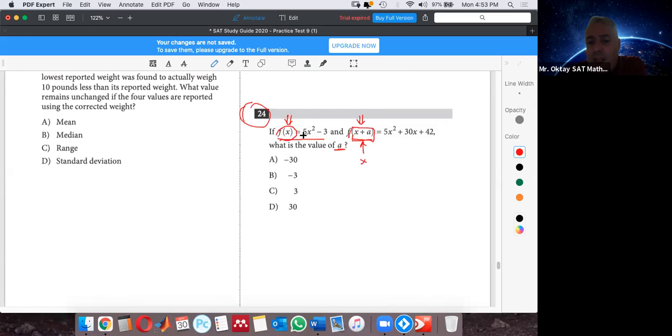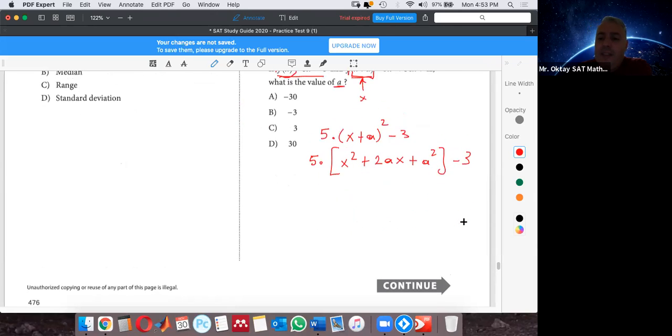So let us write 5 times (x plus a) squared minus 3. If I expand this, 5 times (x squared plus 2ax plus a squared) minus 3. If I continue the operation, 5x squared plus 10ax plus 5a squared minus 3.